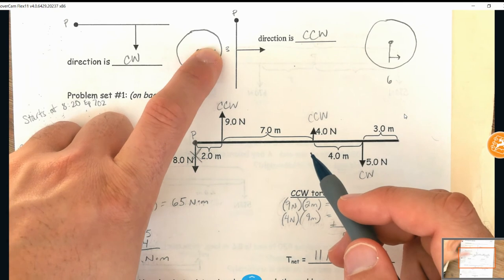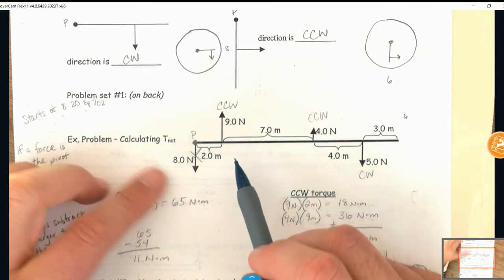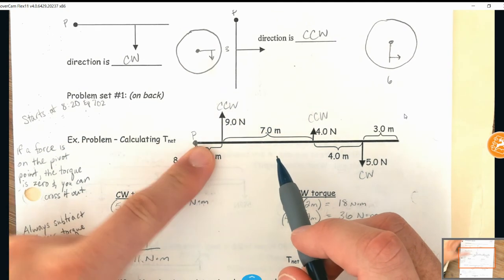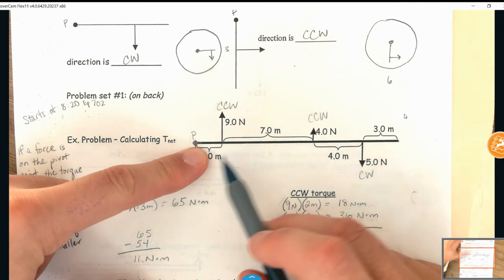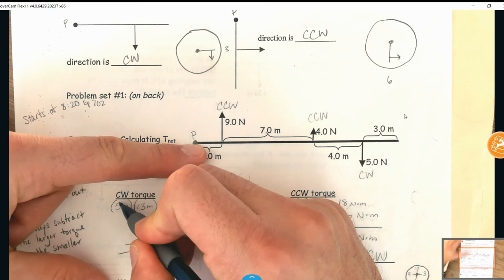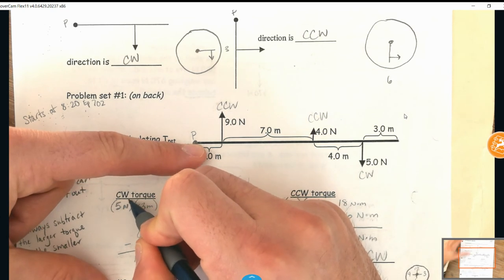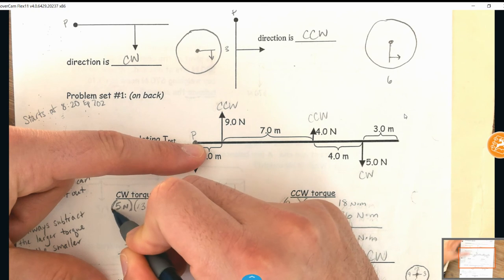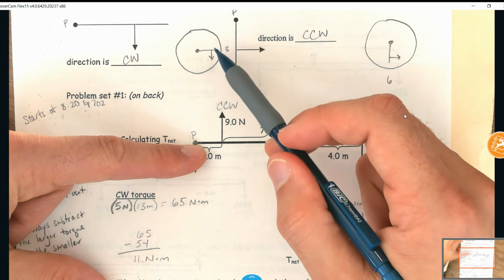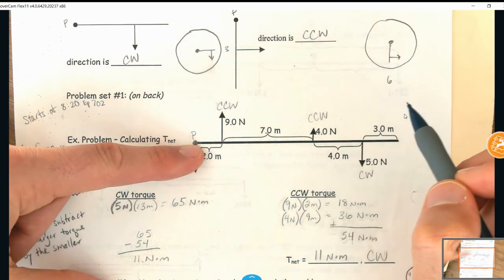If the forces are going down, that would push it in the clockwise direction. Since the 8 Newton force is already on the pivot point, we don't pay attention to it. Now the only arrow pointing down is the 5 Newton force. I would start off by labeling it, 5 Newtons over here. And the forces trying to push it in the opposite direction are counterclockwise.